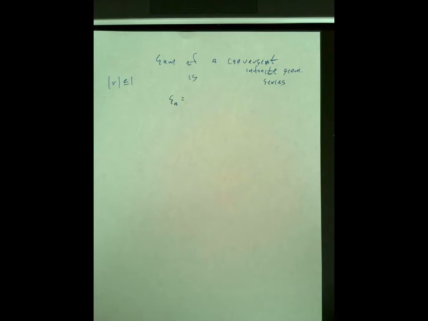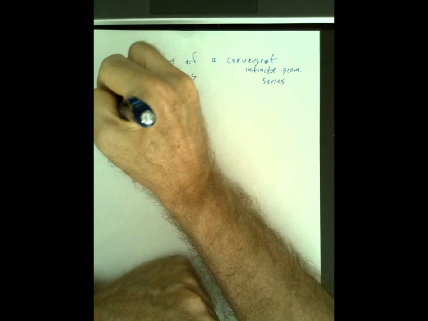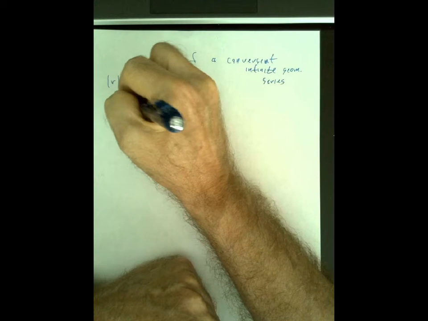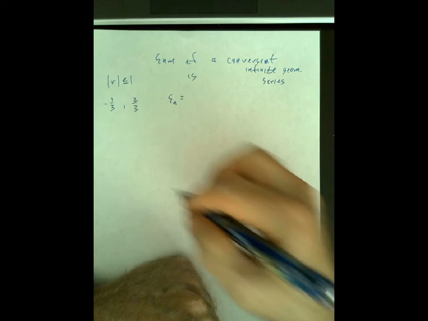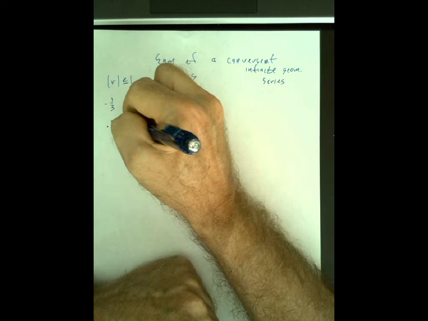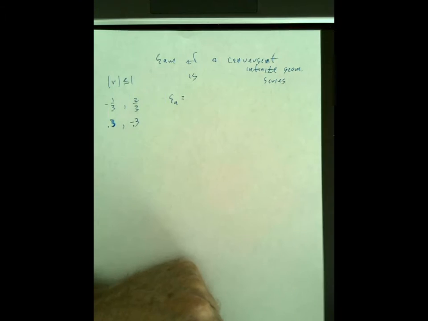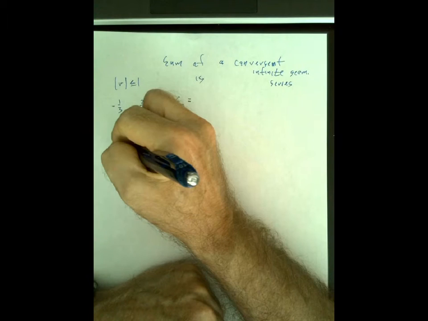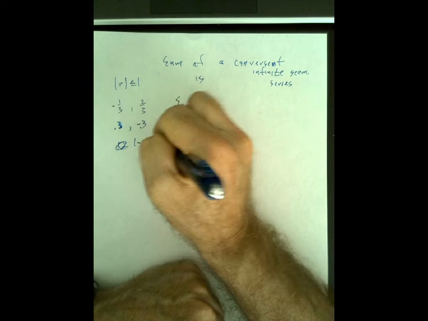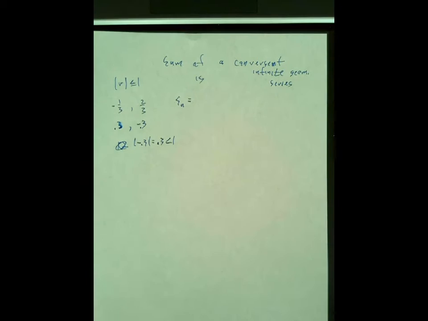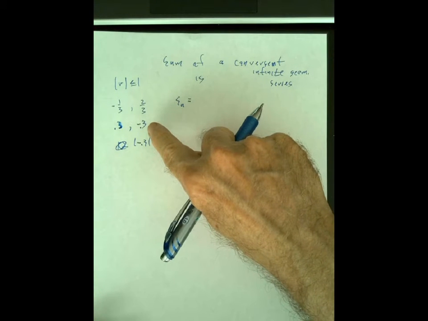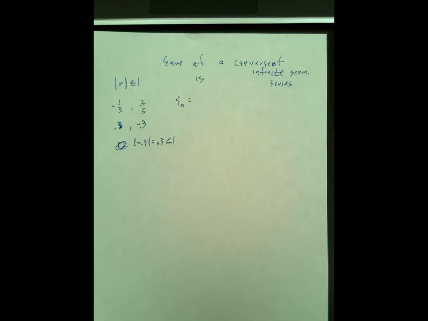So, for example, negative 1/3 would be convergent, positive 2/3 would be convergent, 0.3 and negative 0.3 would both be convergent, because when you take the absolute values of those, we get something that's less than 1, right? So anytime you've got common ratios that look like this, it's going to be convergent.